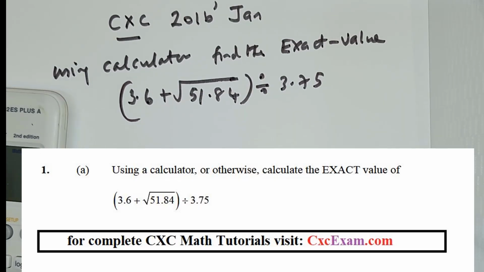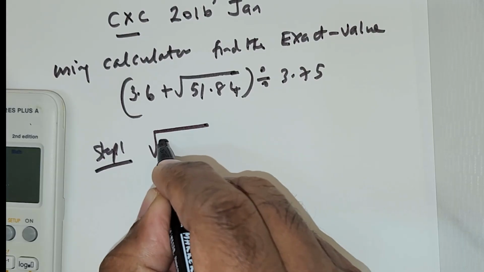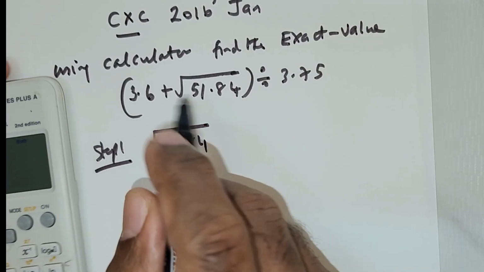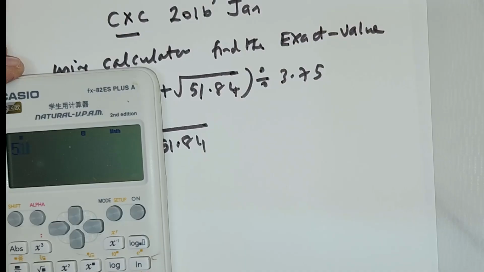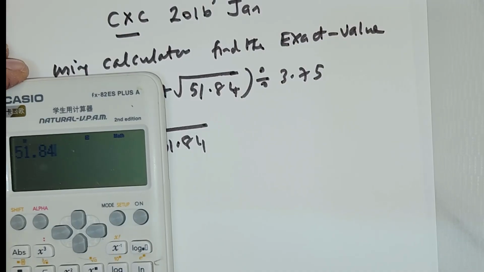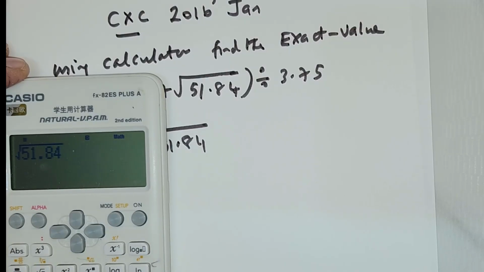So foremost, this is step 1. Step 1, you find the value of the square root of 51.84. So put your calculator, you key in the square root symbol and then 51.84. This is the square root sign, right?